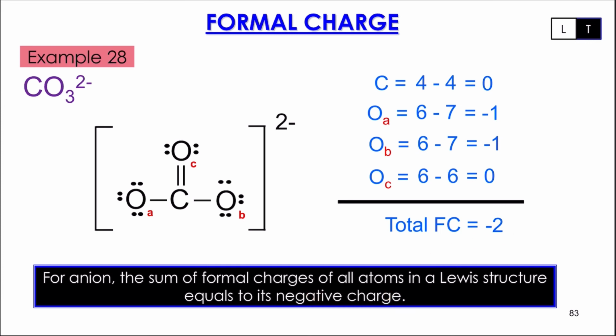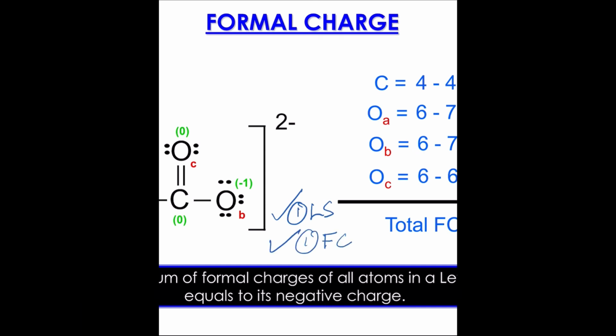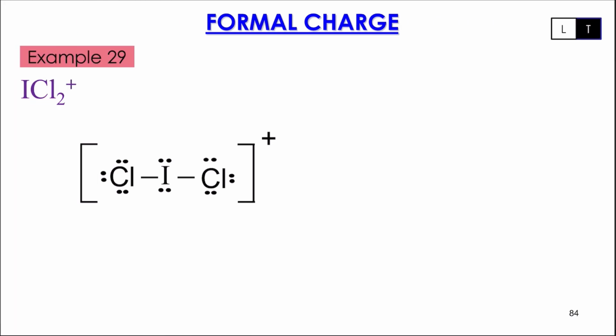But please make sure you label the formal charge that you got from this value on the top of each atom here. So saya akan dapat 1 markah untuk Lewis structure dan saya akan dapat 1 markah untuk FC, the formal charge.